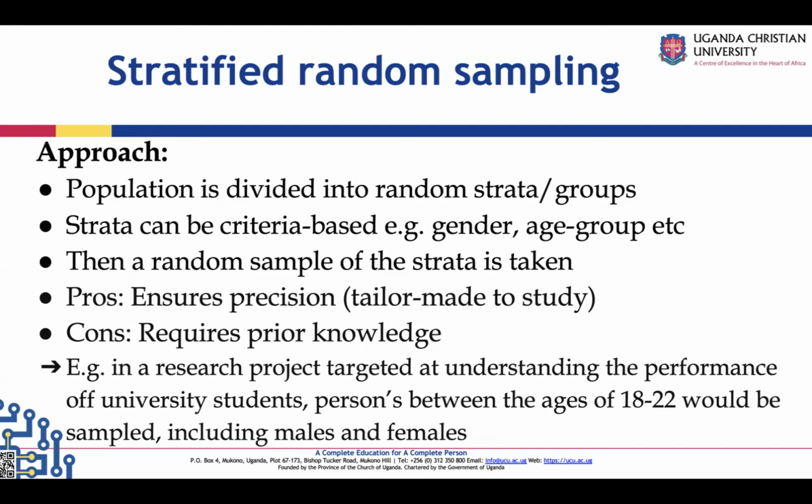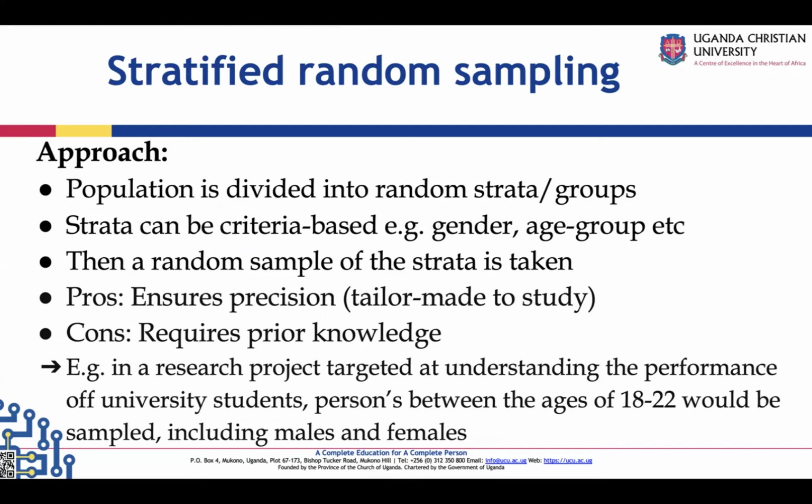Then a random sample is taken out of that strata or grouping. Now, the advantage here is that they ensure precision because you've tailor-made it to that particular study. But the disadvantage is that they require some prior knowledge. So once one is using this technique, they must have some prior knowledge about that community that they are sampling or that experiment that they are sampling from.